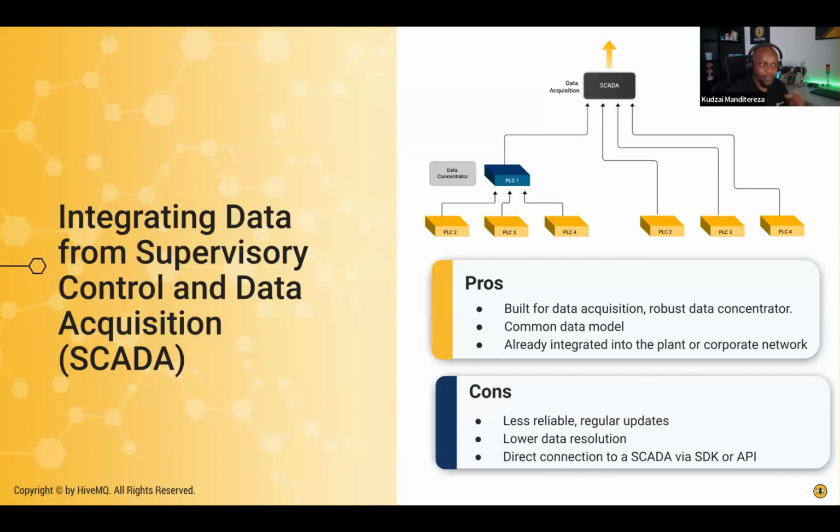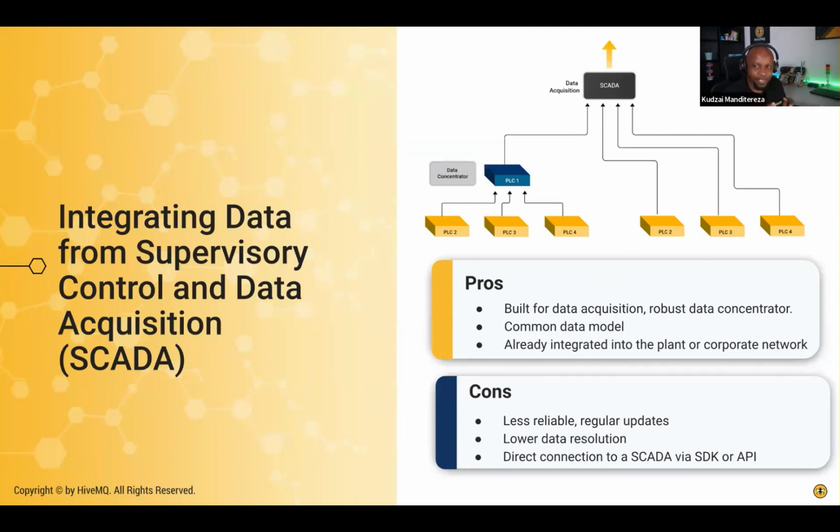Another advantage of a SCADA system is that within it, there is some semblance of a data model. When you're working with a SCADA system, in most cases, when you create a data point, you can specify the upper threshold and lower threshold. You can specify the units. So some SCADA systems already force you to conform to some form of data model.